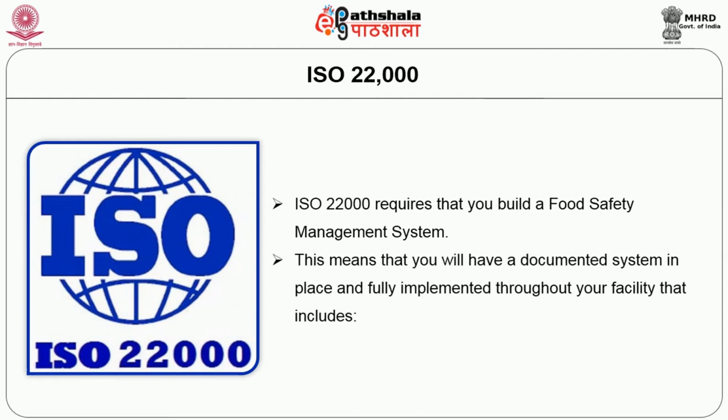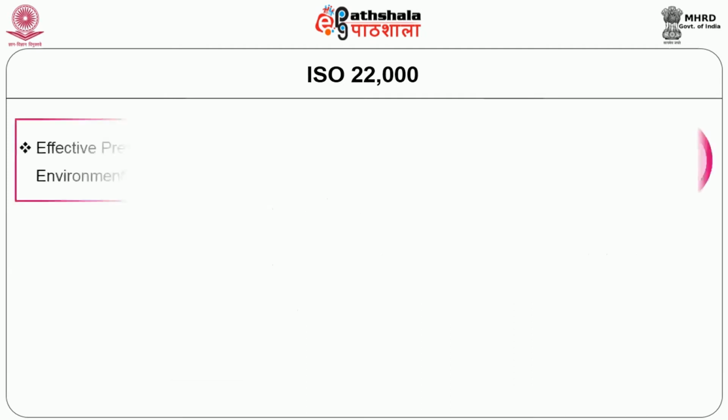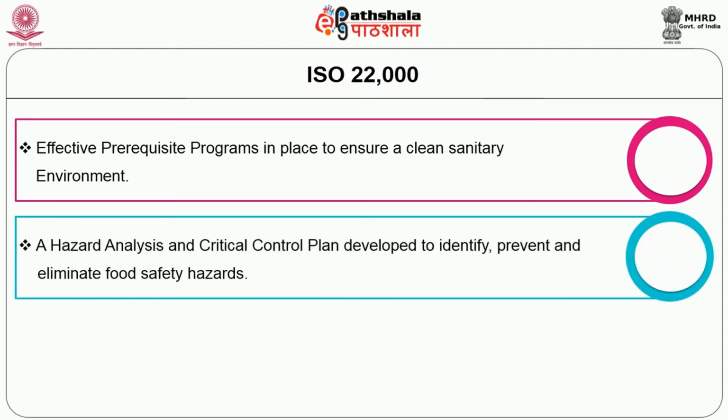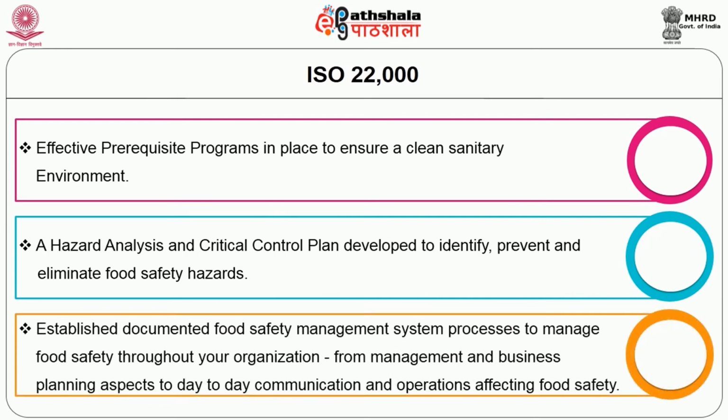This means that you will have a documented system in place and fully implemented throughout your facility that includes effective pre-requisite programs in place to ensure a clean sanitary environment, a hazard analysis and critical control plan developed to identify, prevent and eliminate food safety hazards, and an established documented food safety management system process to manage food safety throughout your organization, from management and business planning aspects to day-to-day communication and operations affecting food safety.